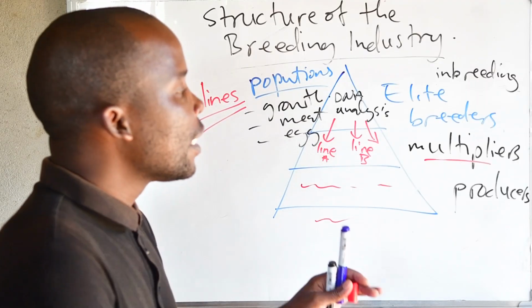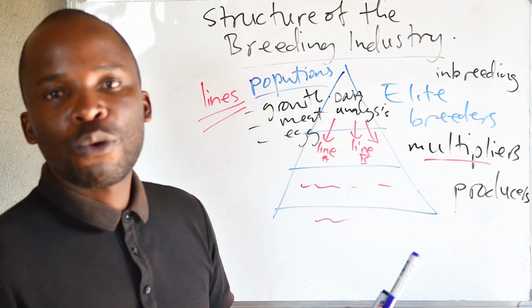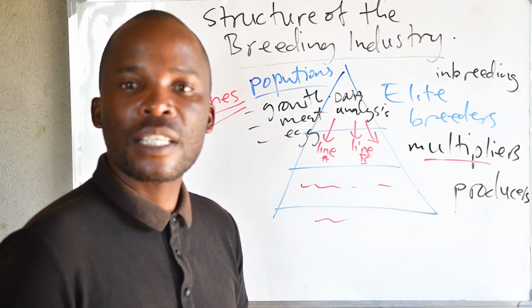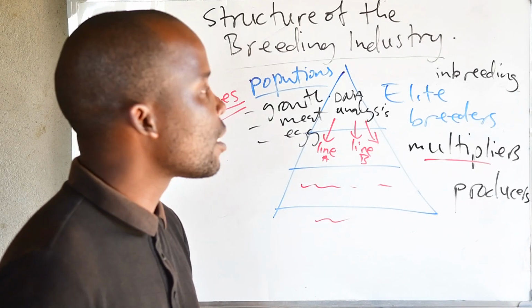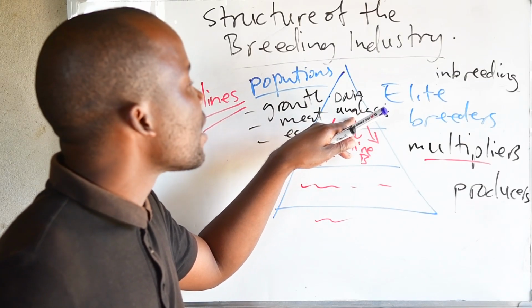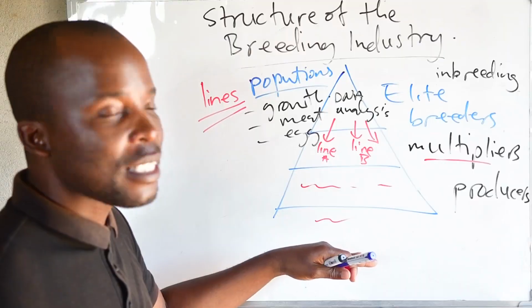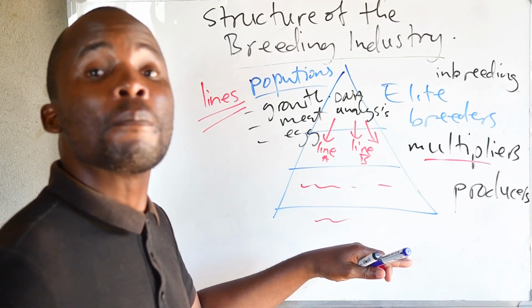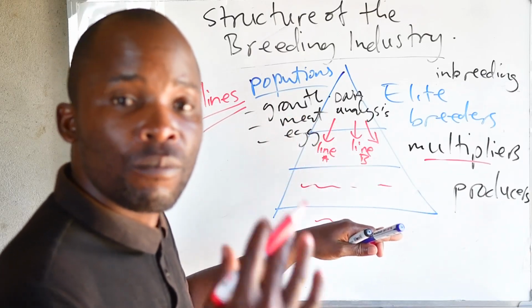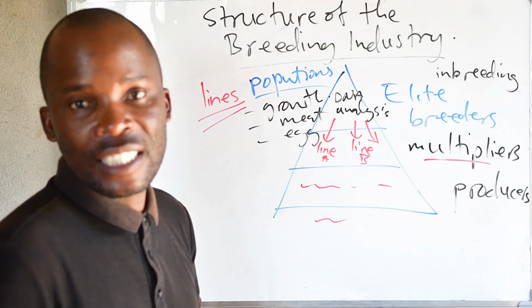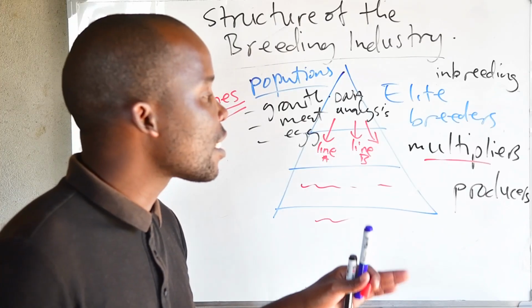It's not possible for producers and any general dealer to sell pure breeds, because a lot of work has been done by elite breeders. Elite breeders cannot allow their pure breeds to go all the way down, because it simply means their work will be taken, and the profits taken by anyone who has not done any research. So you can only get a crossbreed.